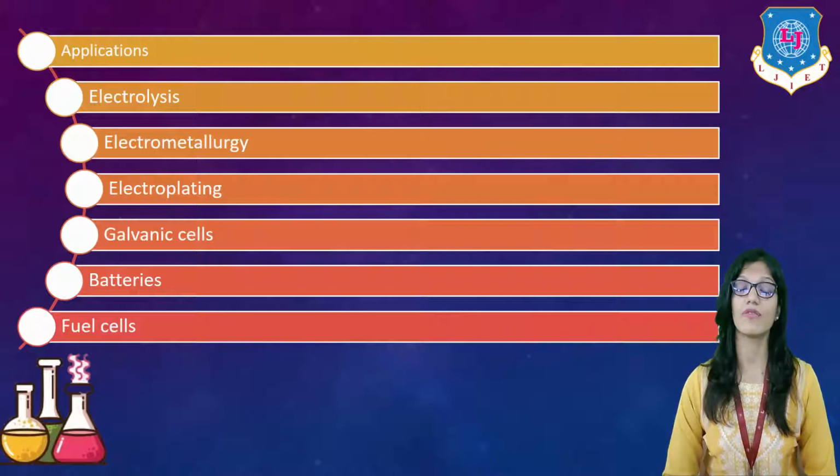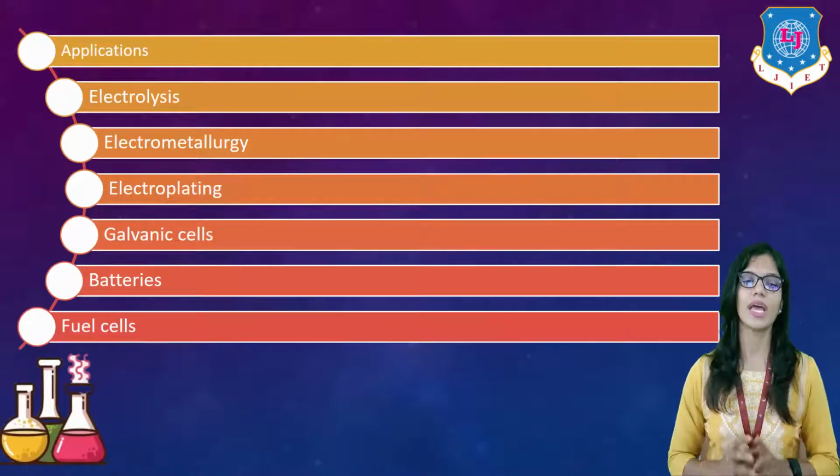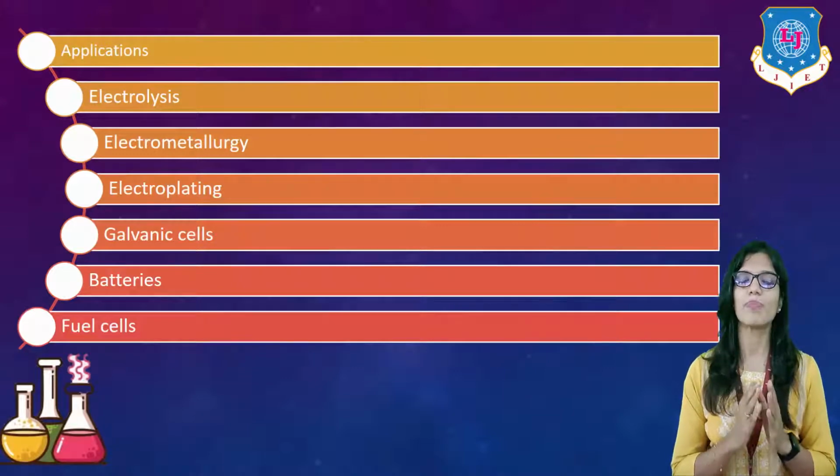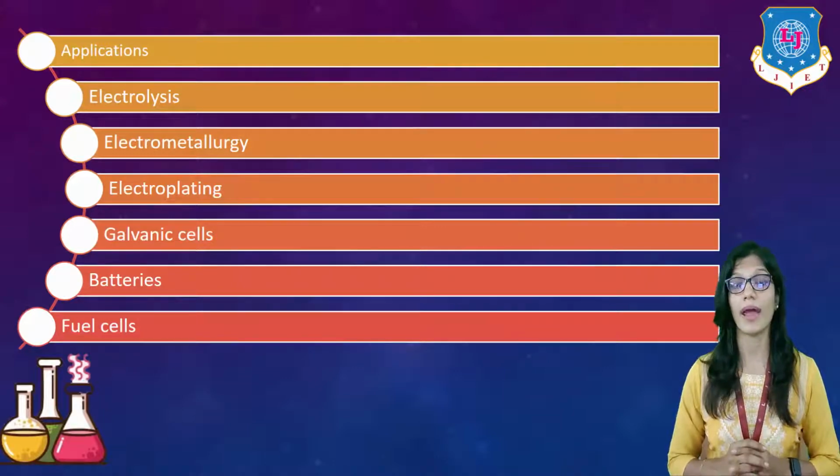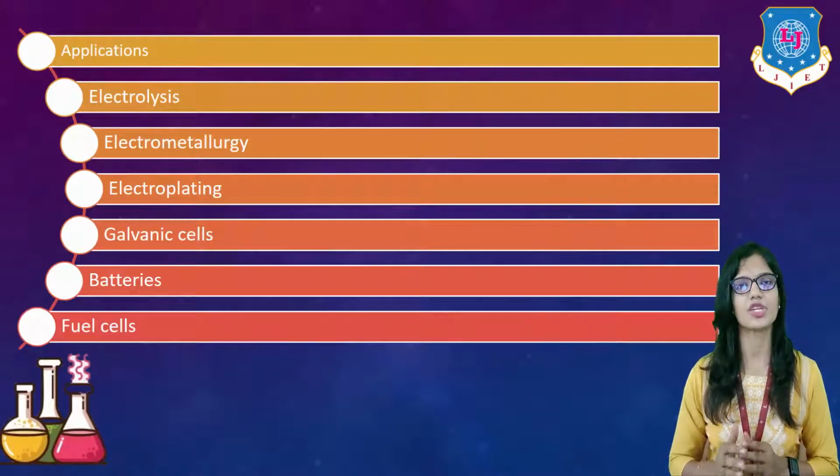We will find it in galvanic cells, and we will have applications in batteries, in fuel cells, etc. So whenever we talk about electrons, or about any kind of energy, specifically electrical energy and chemical energy, electrochemistry comes into the picture and we will find its application almost everywhere.